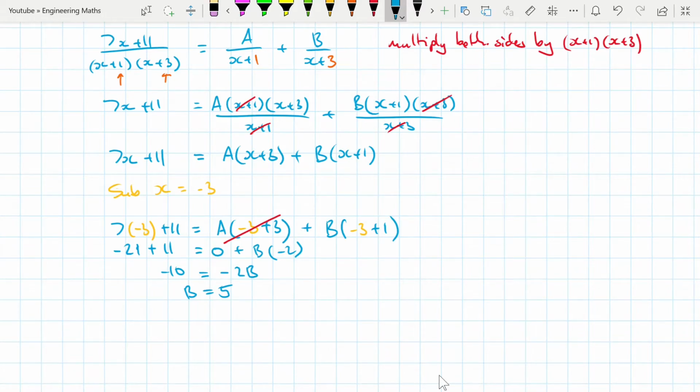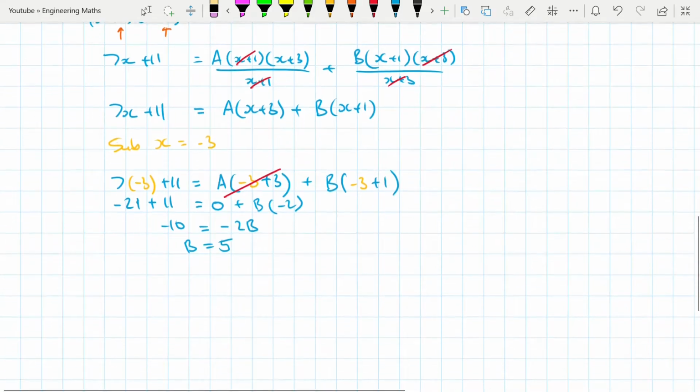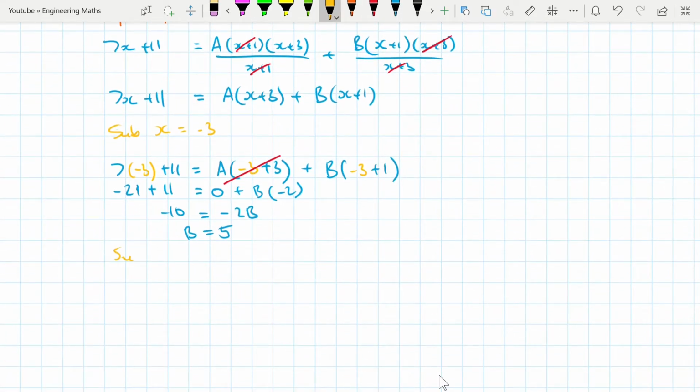So now we have B. We'll just use the same technique to get A. In this case, we want to zero out the B variable. So we'll sub in x equals -1, which will give us 7 multiplied by -1, plus 11, equals A times (-1 plus 3), plus B multiplied by (-1 plus 1), which again would just equal 0.